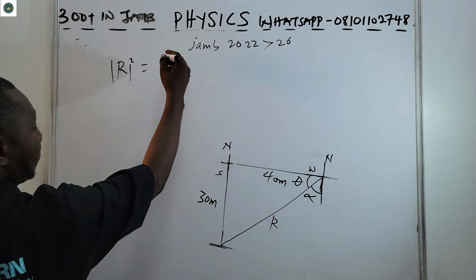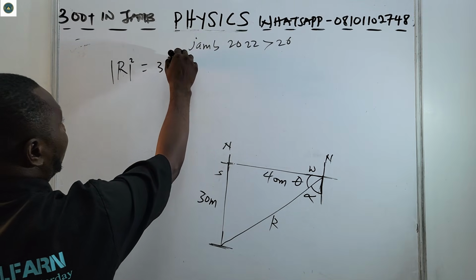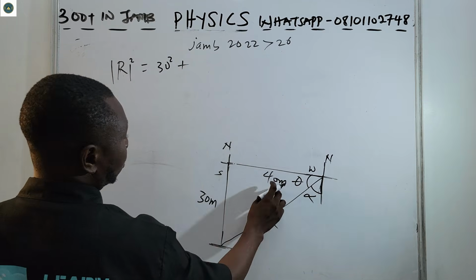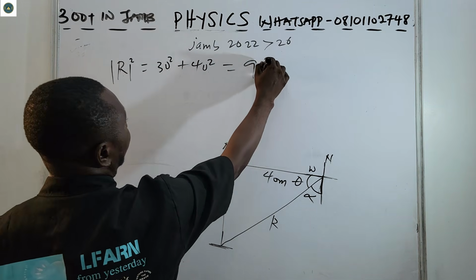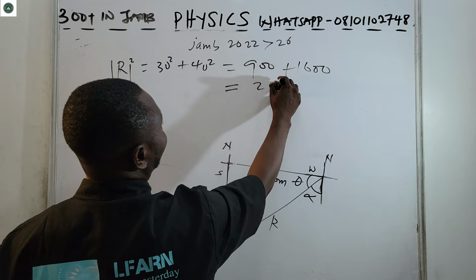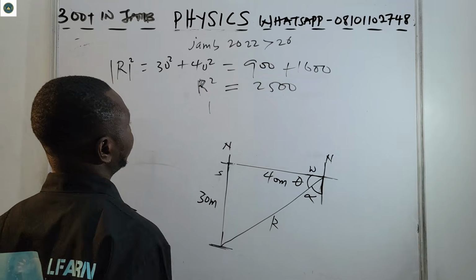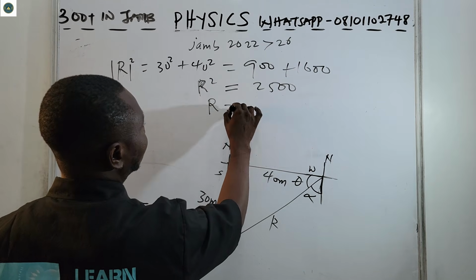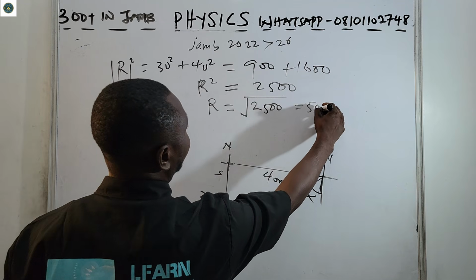R square is what? 30 square plus 40 square. So that will give us 900 plus 1600. So 2500 R square. So definitely our resultant is square root of 2500. So we have 50 meters.